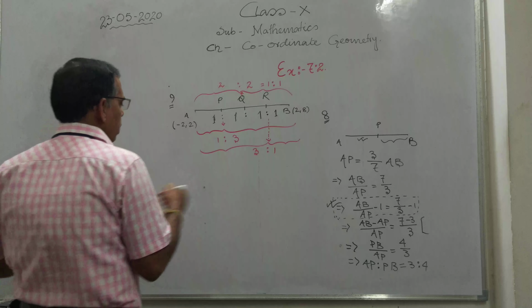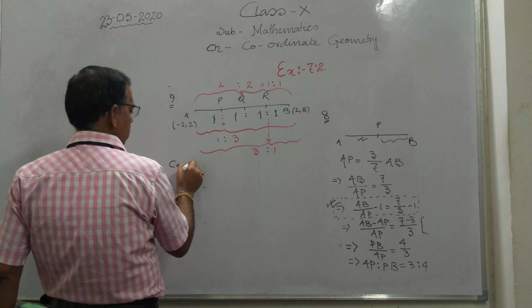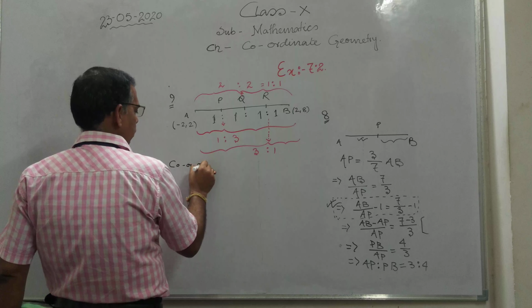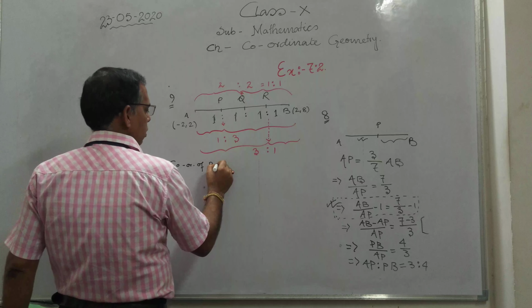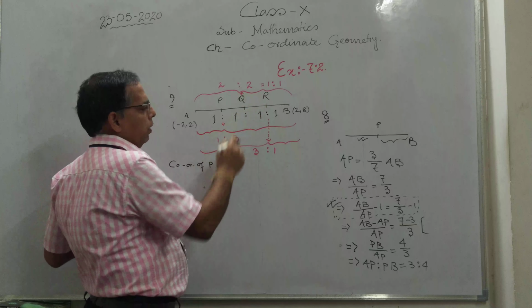Suppose coordinate of P equal to, so what is that? 1 is to 3.